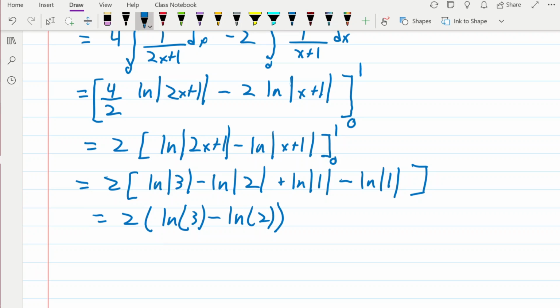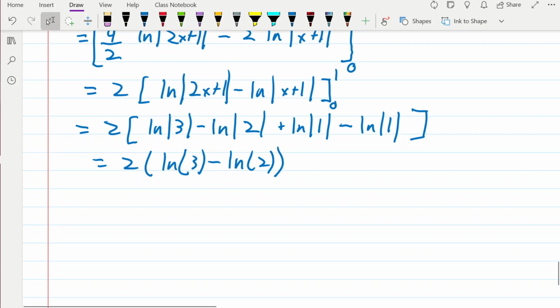And then let me just check the correct answer, which the textbook simplifies this to being 2 ln of 3 over 2. But this is also acceptable for the exam, or should be according to Mr. C and how he's done it in the past.